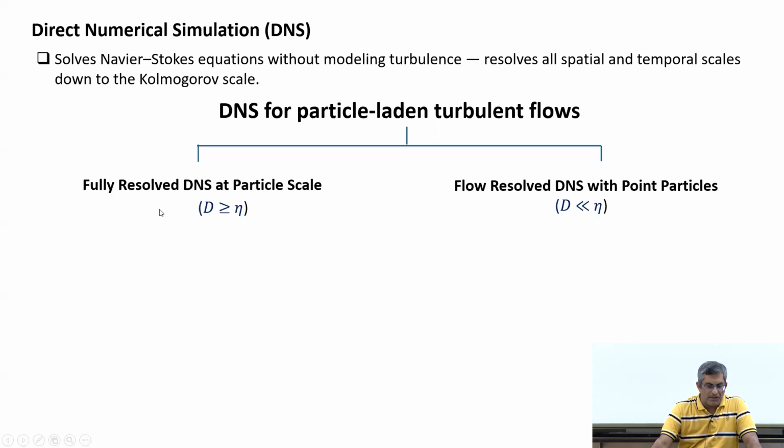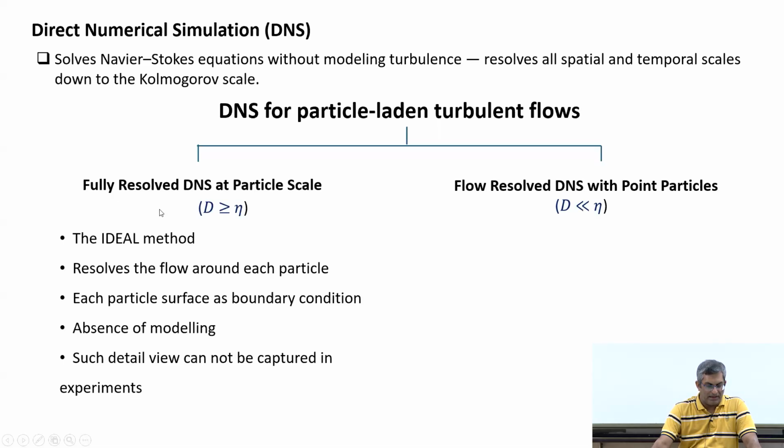Now, what is fully resolved DNS at particle scale? That is, your grid size is smaller than the Kolmogorov scale, and in this case that means it is smaller than the particles also. This means that you are resolving the flow around the particle. This is actually the ideal method because there is no modeling, no assumptions involved. This is the truth.